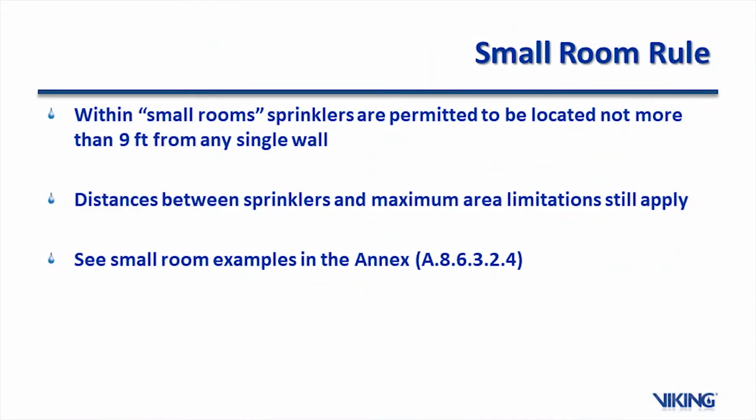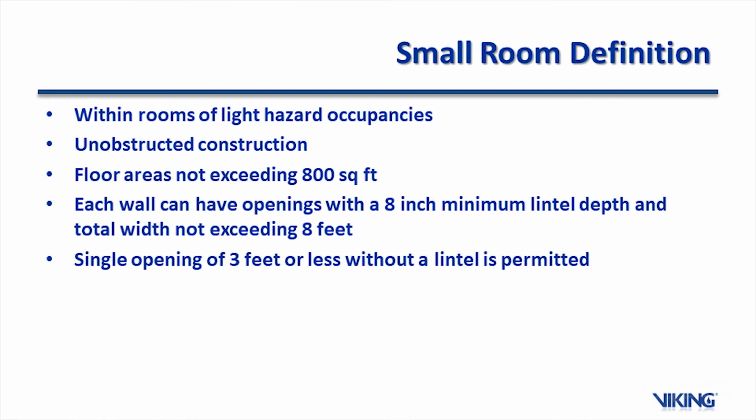So when we've gone from 7.5, you get a 15-foot spacing, you can go 7.5, but you can get all the way up to 9 feet off of one wall, as long as you comply there. The distance between the sprinklers and the maximum area limitations still apply, and this is what we call the small room rule. Okay, so in order to comply with the small room rule, it's light hazard occupancy.